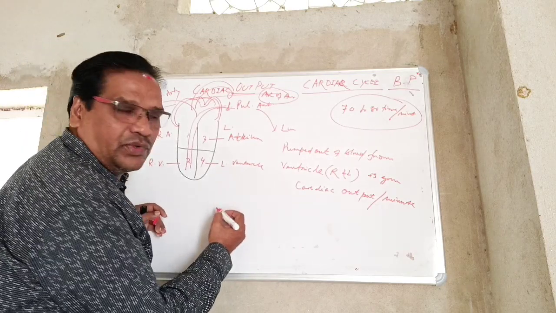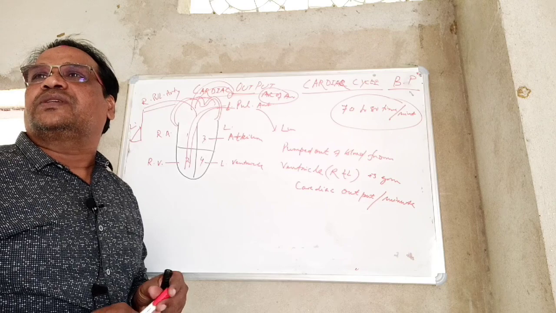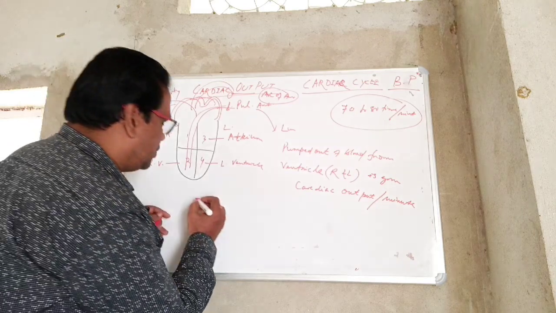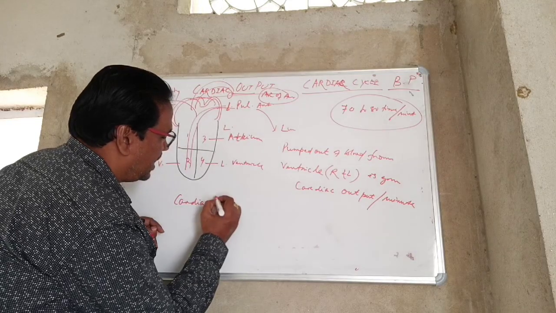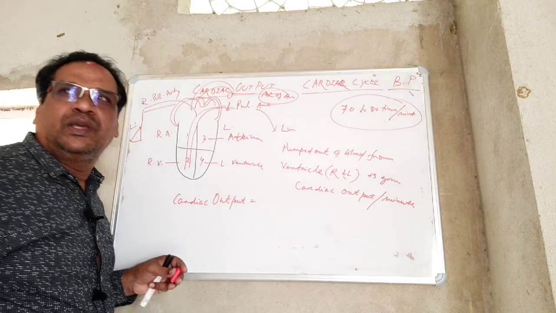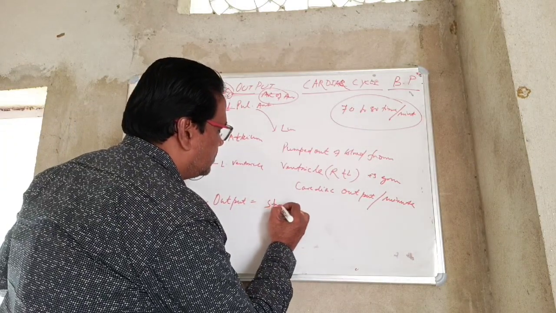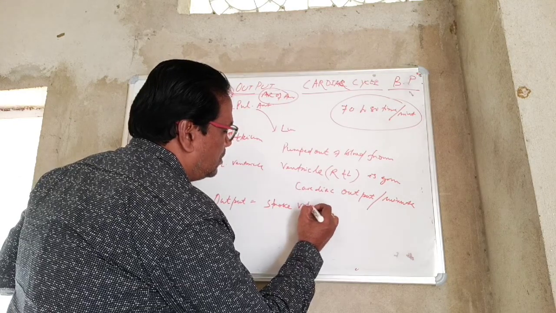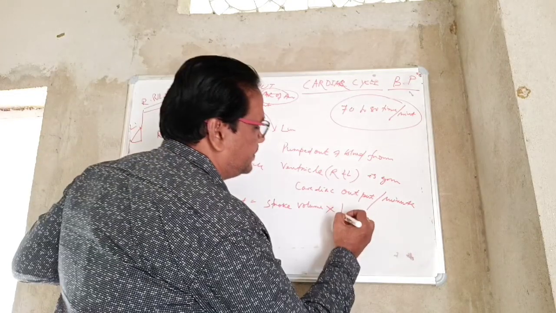Cardiac output can be calculated by the following equation: cardiac output is equal to stroke volume into heart rate.